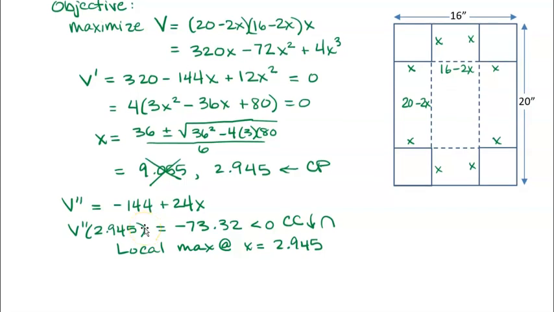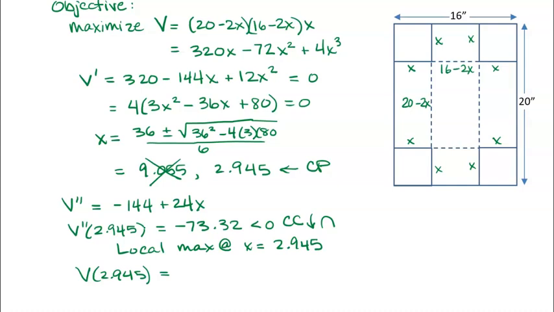If we cut this size square out of the corners, let's look at the volume at 2.945, and this should be the maximum volume. So I'm just going to go back up to the original equation for the volume, right? And now I could also look at the endpoints.